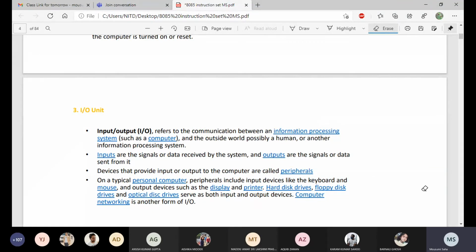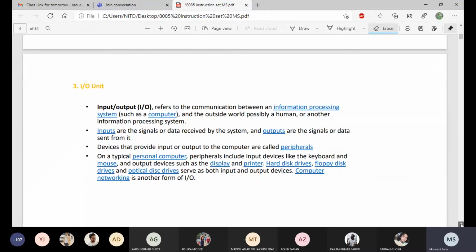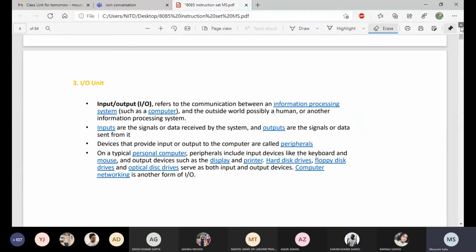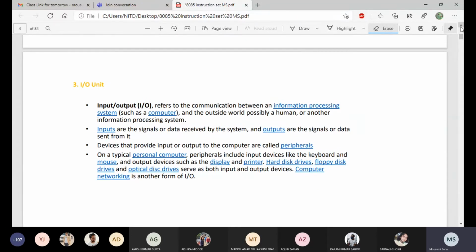Now, IO devices, you can say that these IO devices are peripherals. Peripherals means the different devices, like the keyboard and monitor, all are your peripherals. So the processor can take the data, or whenever you write the program, the instructions are stored into memory with the help of the input device.